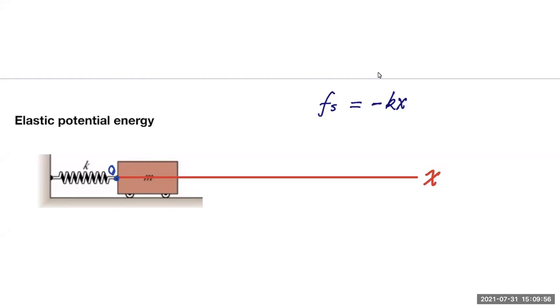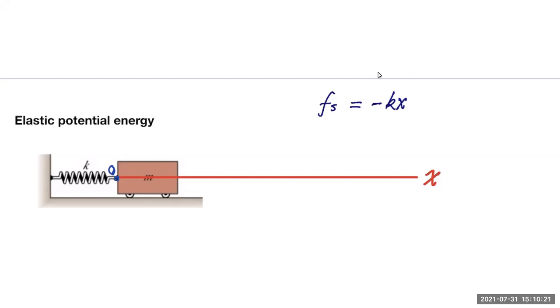And if x is negative, that means the spring is getting compressed, and then Fs becomes positive, which means, again, the force of the spring points towards the equilibrium position at x equal to 0. So either way, the spring tries to restore its length to its original value at equilibrium, upon which the tip of the spring is at x equal to 0.